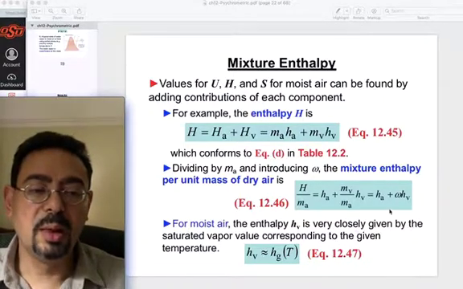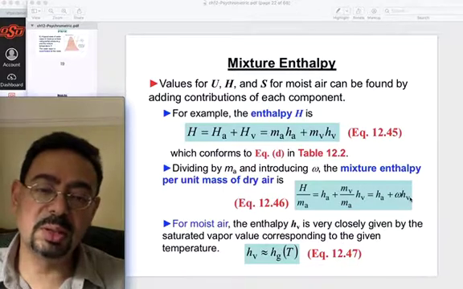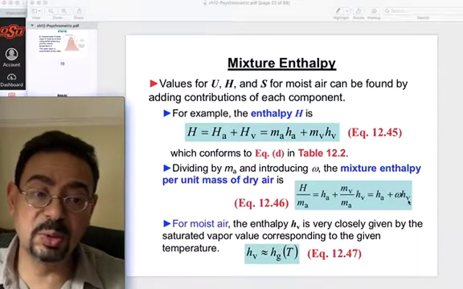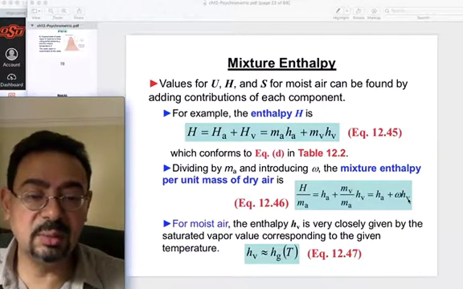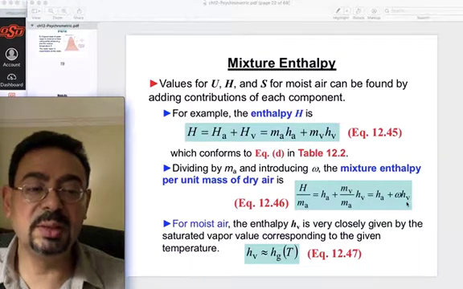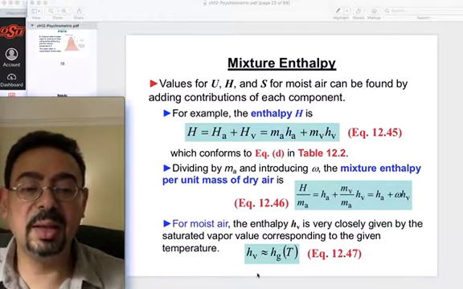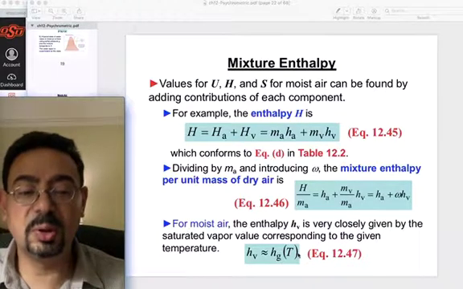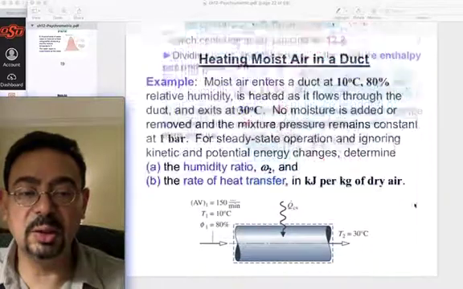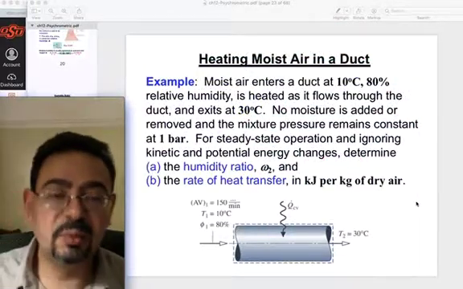So a question you could ask right now: you don't want us to calculate the H vapor based on the correct pressure and temperature? Well, if you have the steam table in front of you and it's handy, go for it. But in the exam, you may be running out of time and the table doesn't have enough information, and so this works. Okay, and again, you will see that the difference is going to be small.